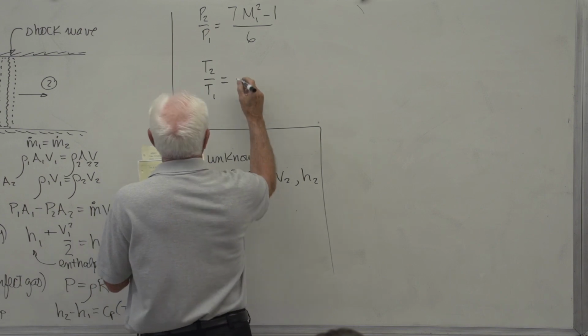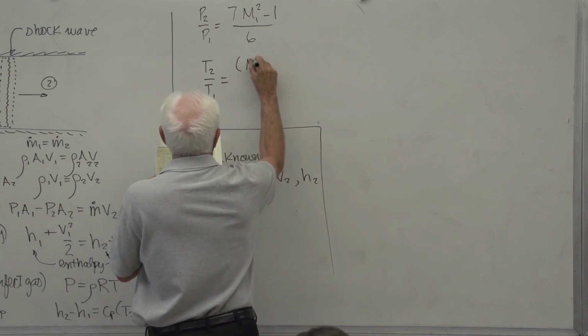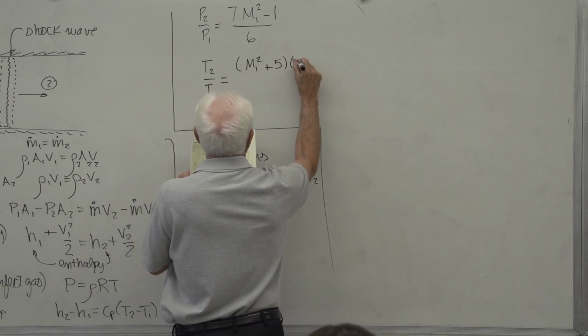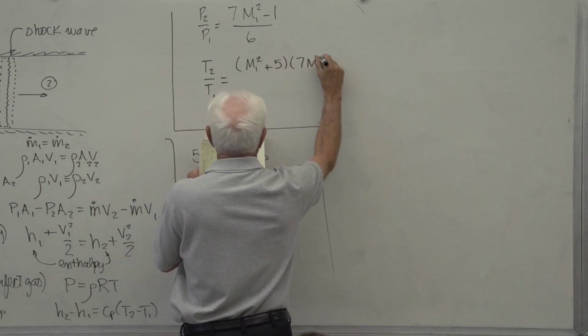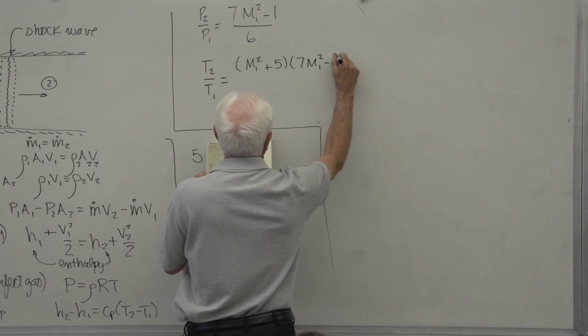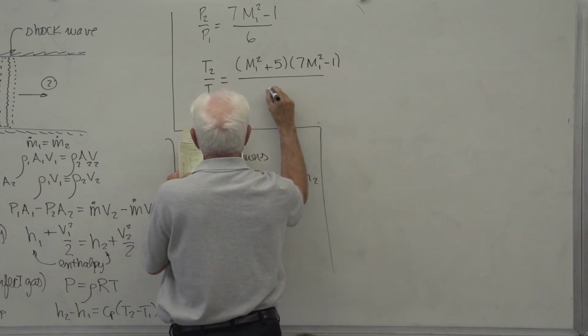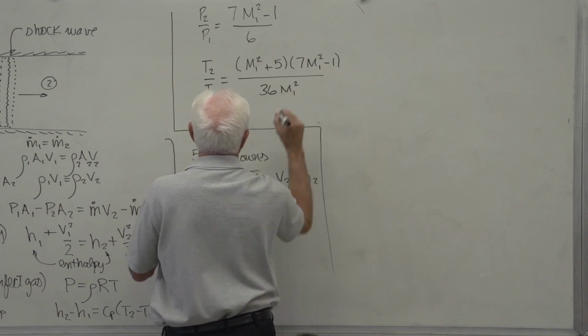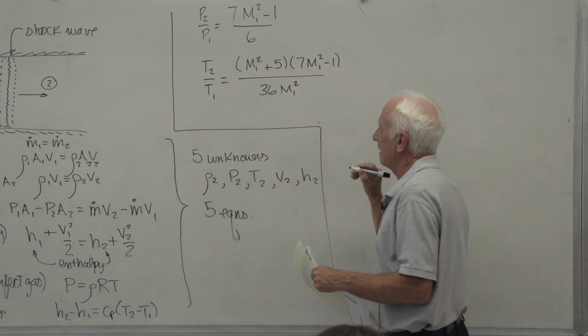Okay, we got the temperature: (M1 squared plus 5)(7 M1 squared minus 1) divided by 36 M1 squared. Right side's only a function there of Mach number.